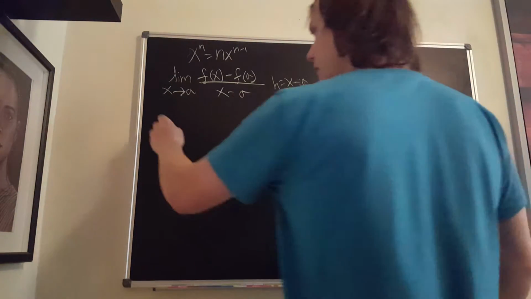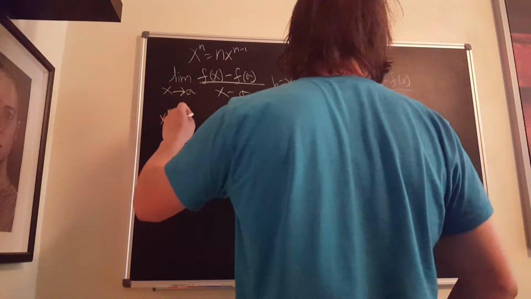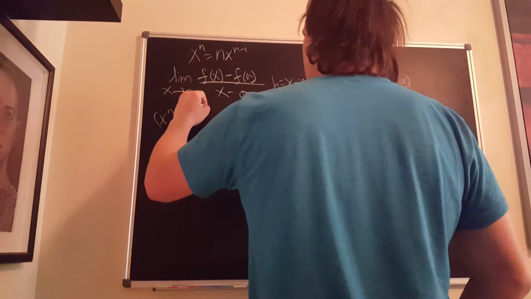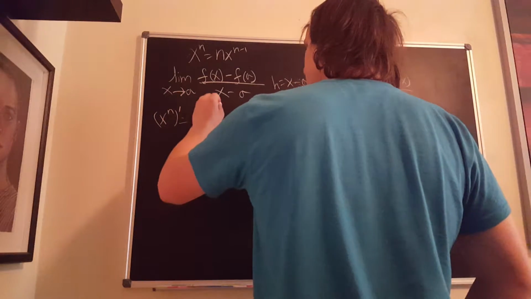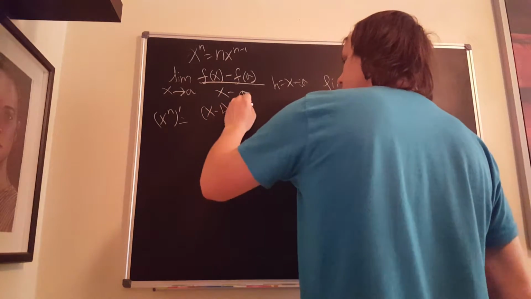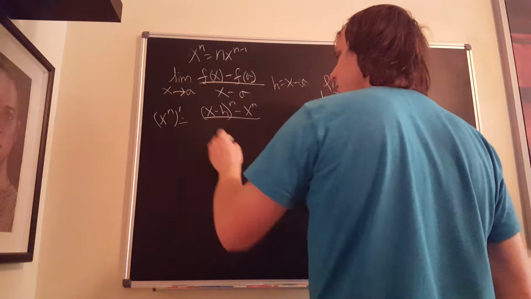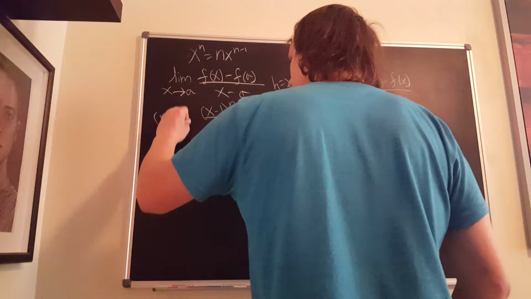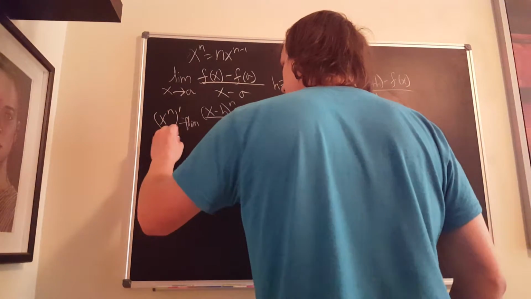So for x to the n, we have x plus h to the n minus x to the n divided by h. Of course, it's the limit.